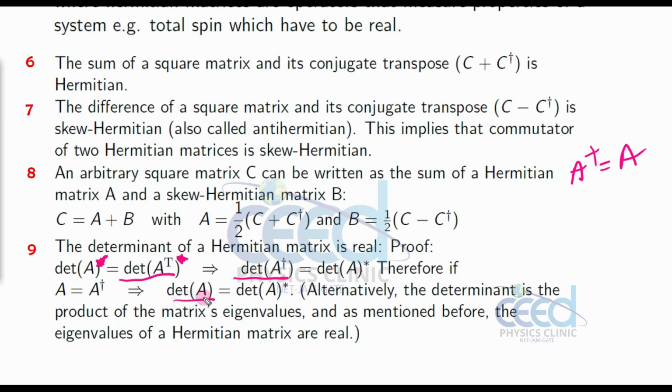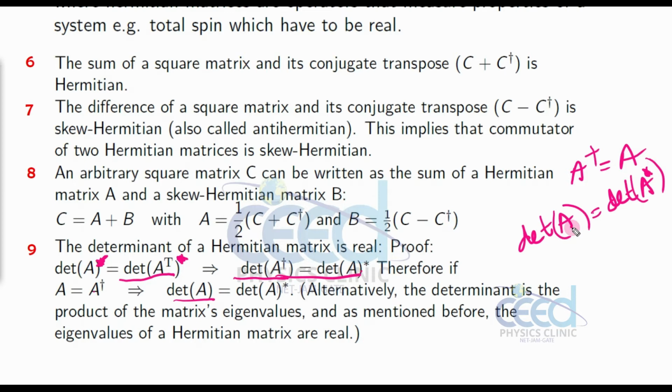So I can write determinant A is equal to determinant A dagger, that is, determinant A conjugate. If a matrix and its conjugate are equal, it means there are no complex numbers in it. That means it is real.